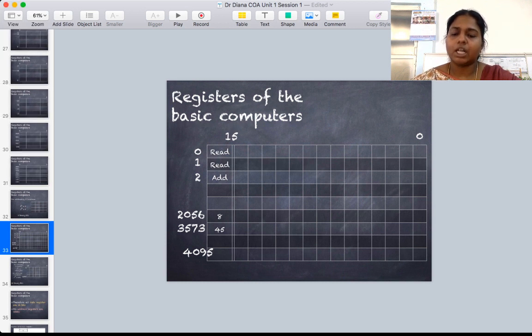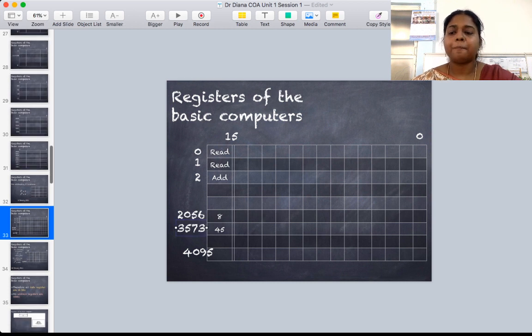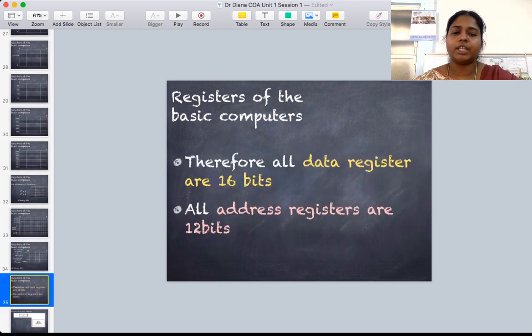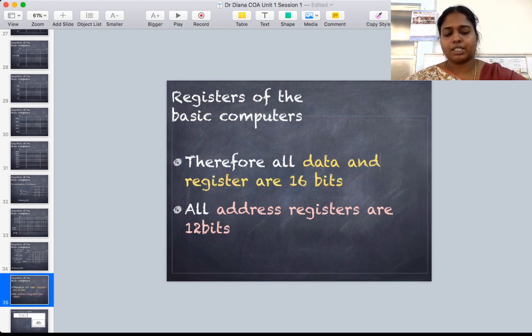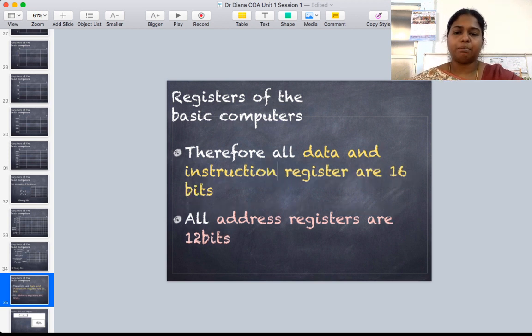Then we have seen how data is stored and how addresses are being used, and then we concluded that all the data and instruction registers are 16 bits in length, and all address registers are 12 bits in length.